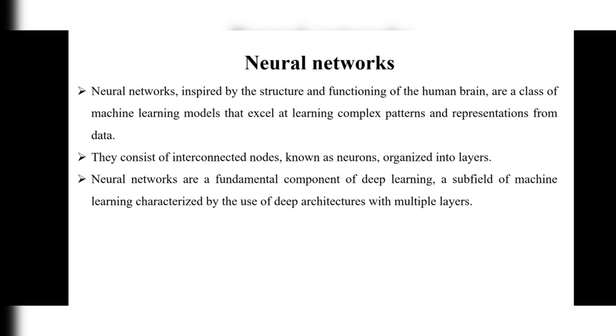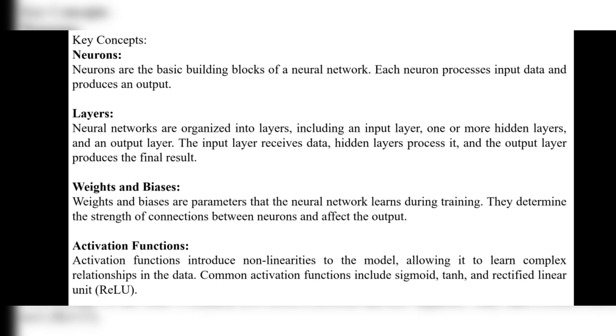Okay, let's see the key concepts of neural networks. First one is neurons. What are neurons? Neurons are the basic building blocks of a neural network. Each neuron processes input data and produces an output. Okay, layers.